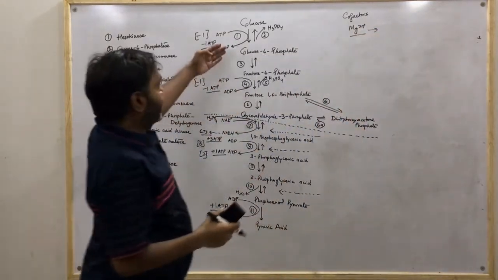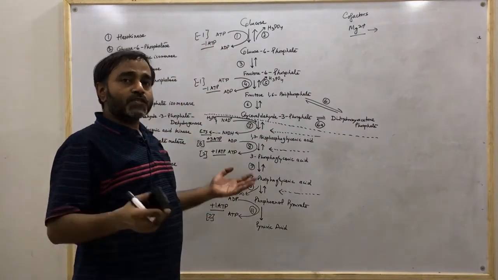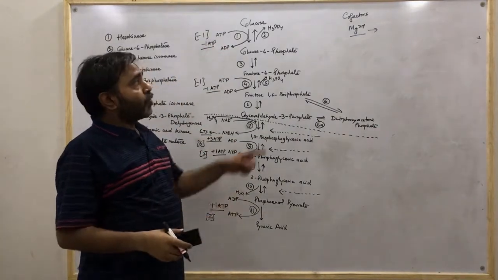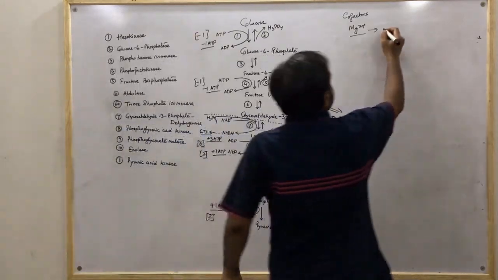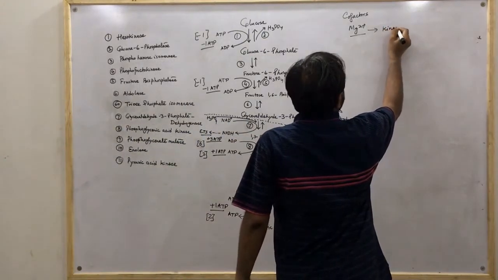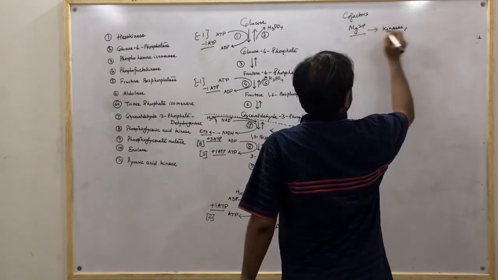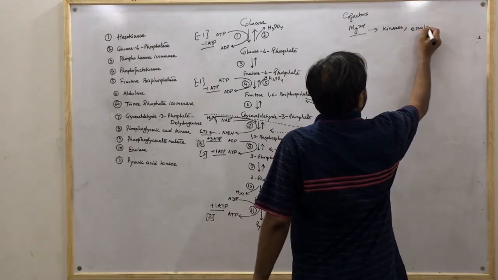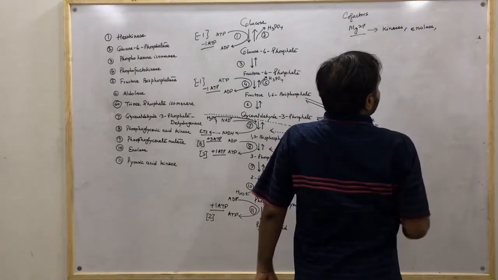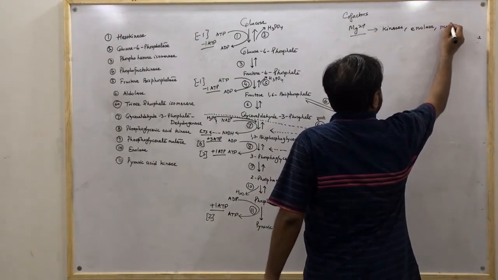You might have seen that kinases are working for the transfer of phosphate group. So for such activities kinases are required. Likewise, it is also required for the working of enolase and for mutase.